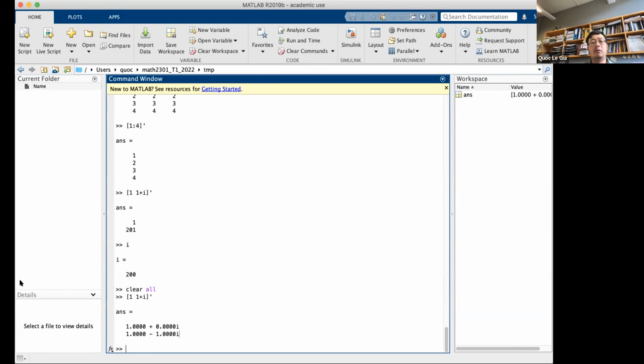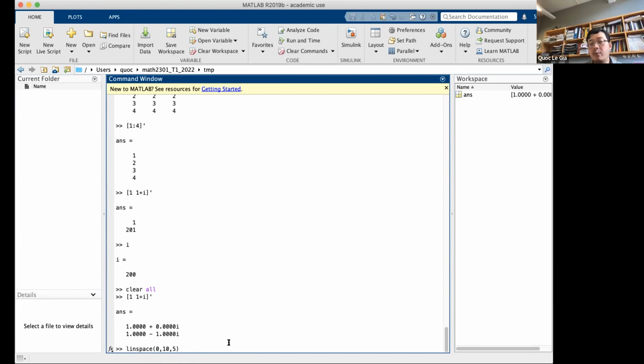So now we go to the next question, about linspace. This command takes the interval 0 to 10 and divides it into 4 equally spaced intervals.